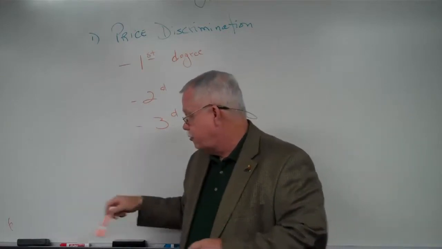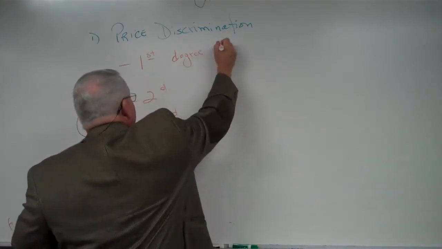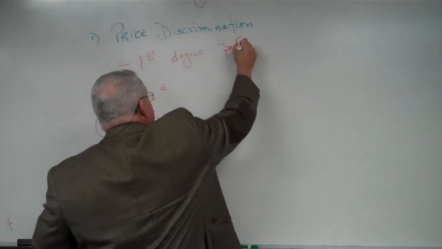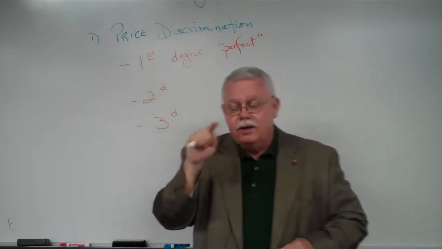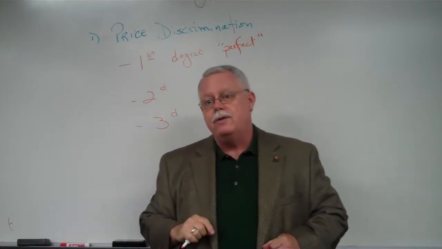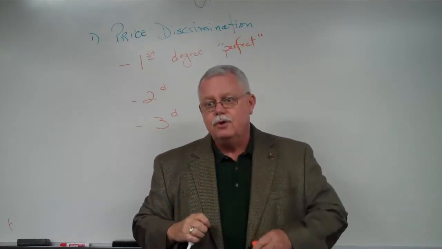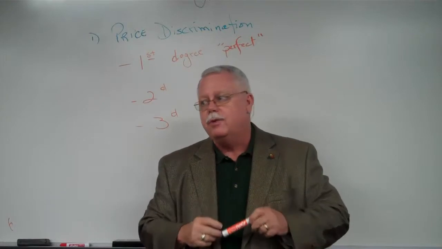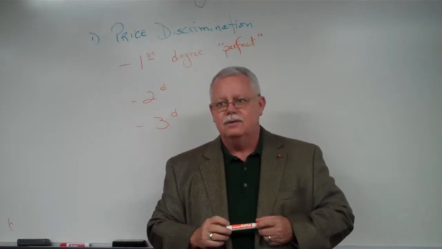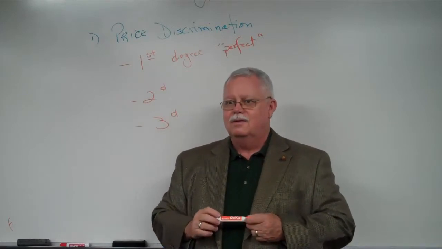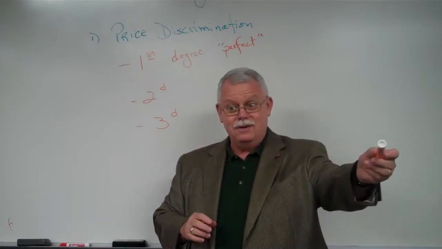First degree price discrimination, sometimes called perfect price discrimination, is where you charge every buyer the highest price he's willing to pay. You charge every buyer the highest price he's willing to pay. Who does that? Car salesman. The car salesman.